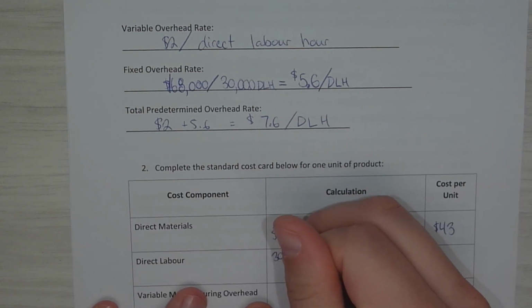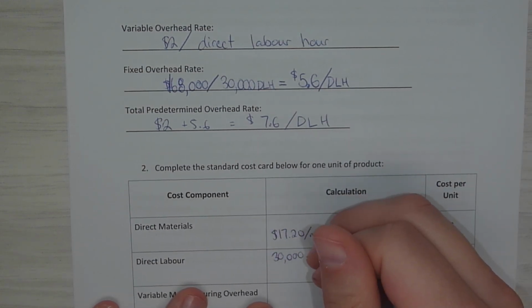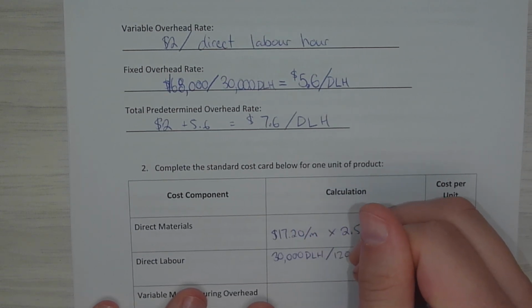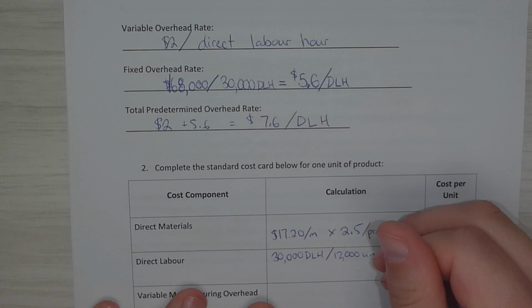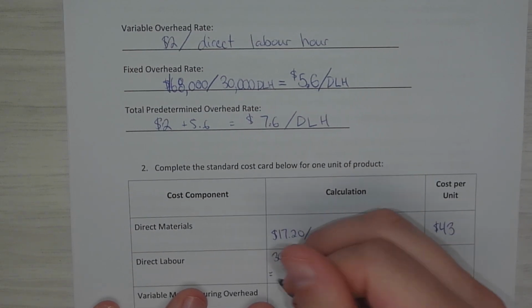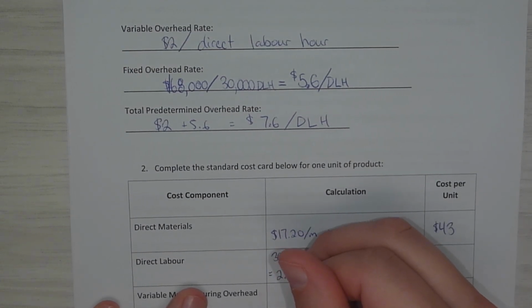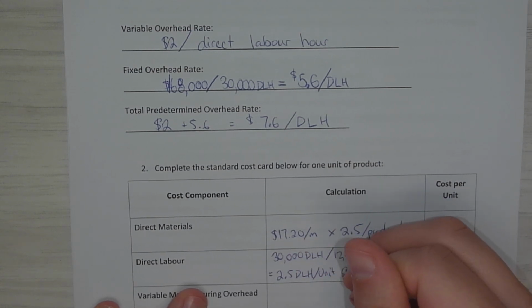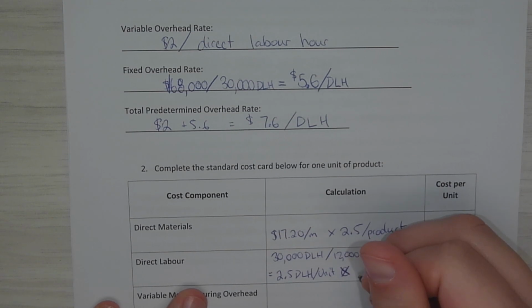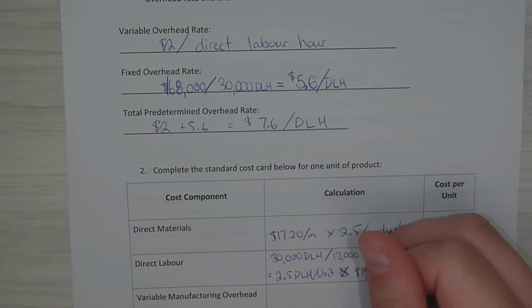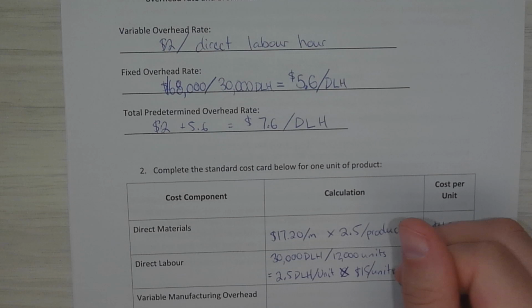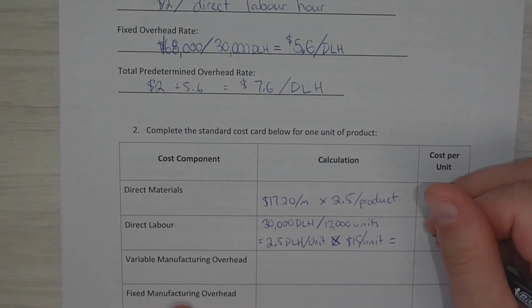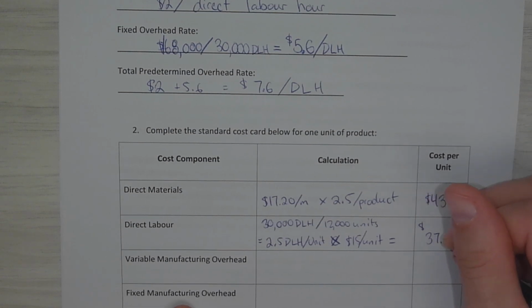So if we take our 30,000 direct labor hours and we divide it by the 12,000 units that we produce, we get 2.5 direct labor hours per unit at a cost of $15 per hour. Which equals $37.50.